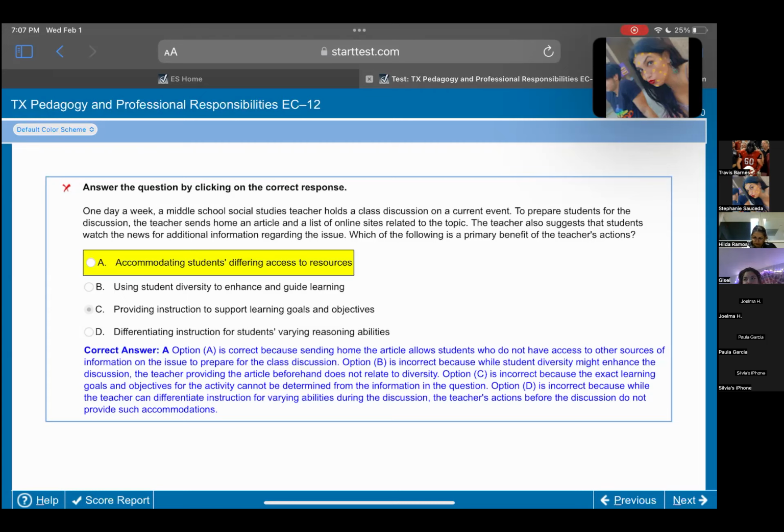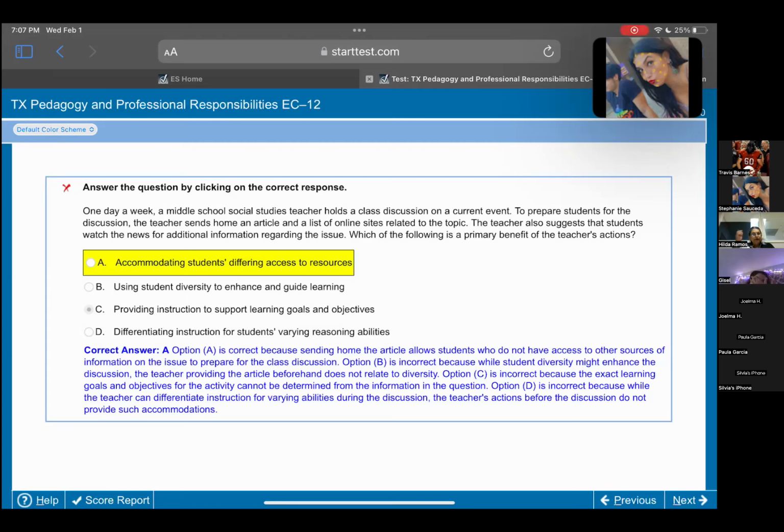Look at this list of related articles that you could look at, or you can turn on the TV and watch some news to gather that. They might not have access to the internet. We hope that they do, but they don't all. I have had many students that go to the public library to utilize internet resources. That was more so in like 2012, but still.